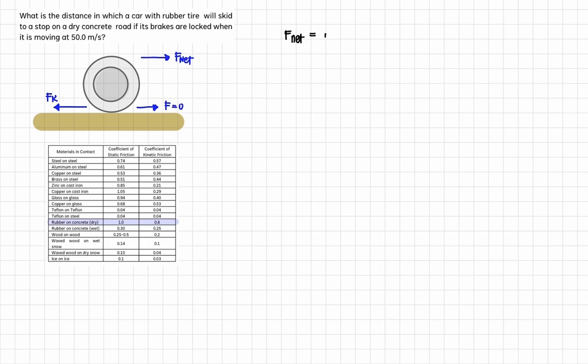So the net force is zero minus the frictional force Fk. But this net force is M times the acceleration of the tire. That's equal to negative Fk, which is mu K Fn.